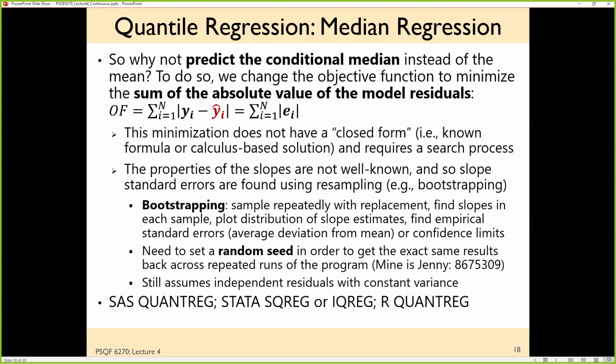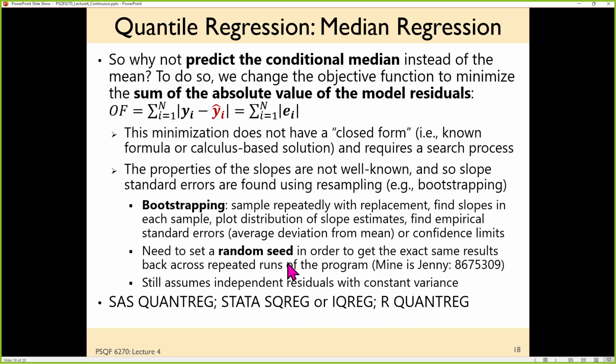People have worked around this by doing resampling to get the standard errors, one of which is bootstrapping. That should be a term that you've at least heard before. The idea of resampling is that you can characterize your sampling distribution using just the one sample, resampling with replacement. Another thing you might see is jackknifing, which is everybody minus one. These are options that you would need to specify in the software, including how many samples you want to do.